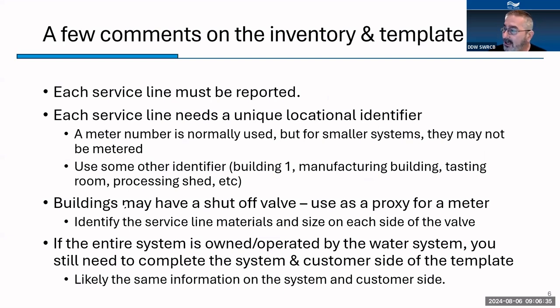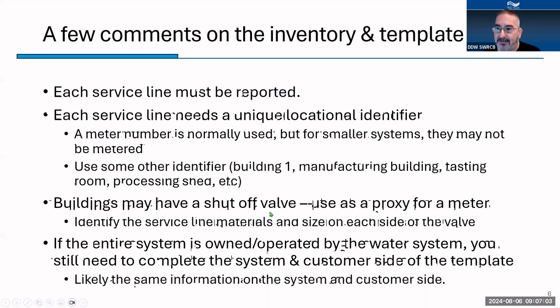Each service line needs a unique identifier. So you need an address, and a lot of water systems are using a meter number. But if you have less than 50 connections, you may not have meters. So you would have to use some other identifier, like building number 1, manufacturing building, tasting room, or processing shed, just so that each line is uniquely identified.